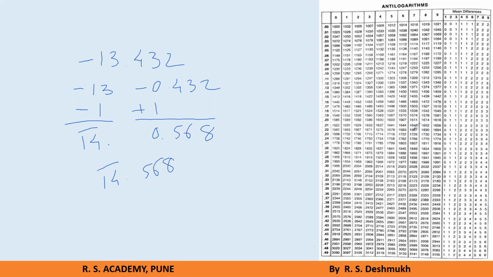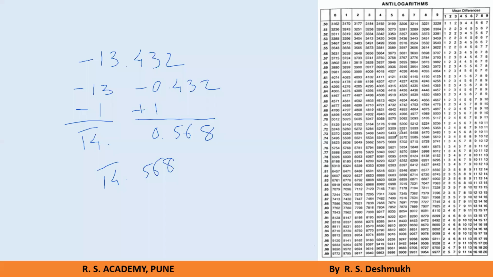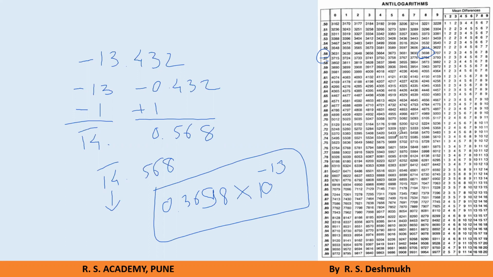Now we have to find the value of 56 and 8, which is 3698. So the value is 0.3698 into 10 to the power, as we have already discussed. We subtracted during the log, so we will add 1, so it will become 10 to the power minus 13. Therefore the antilog of this term is 0.3698 into 10 raised to minus 13.